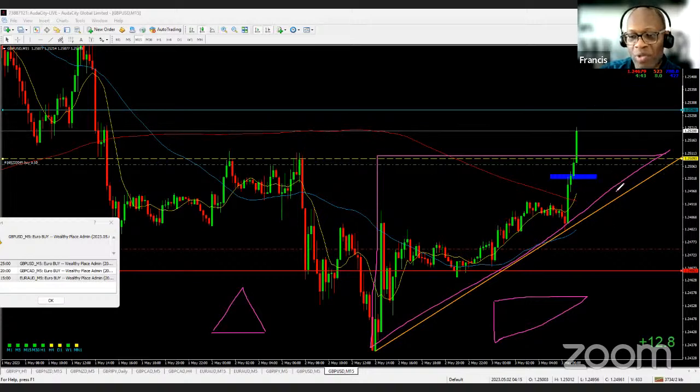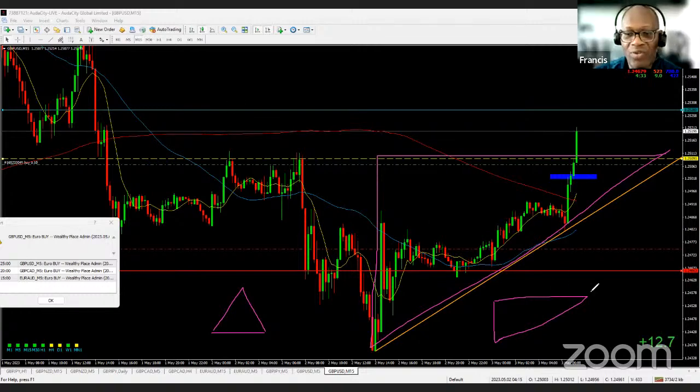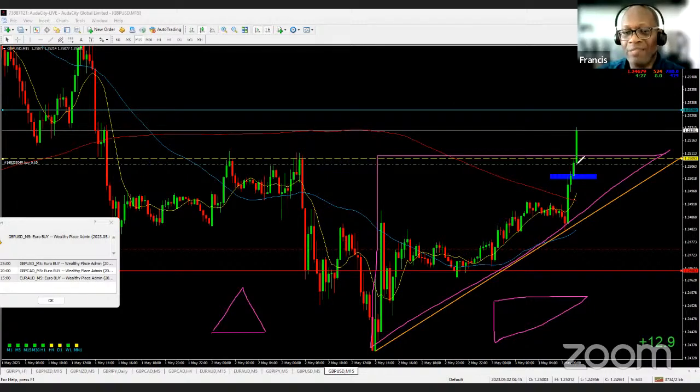Anyway, let me not dwell too much on that because we need to find other trades. We'll do more teaching. However, I think that's a scaling triangle. We could check it out later on. Basically, we see now that it has been broken because there was momentum.